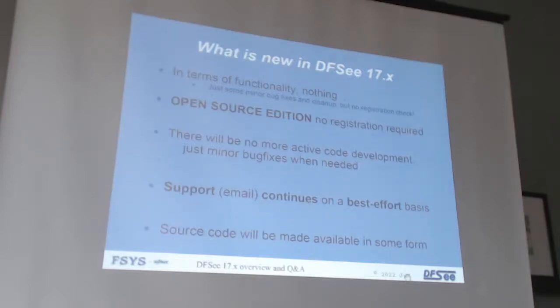And in some form I will make the source code available sometime next year. I'm not sure how. I'll probably leave it up to someone else to pick it up and put it in GitHub or whatever. DFSee has been developed over the years using first IBM compilers and later OpenWatcom.